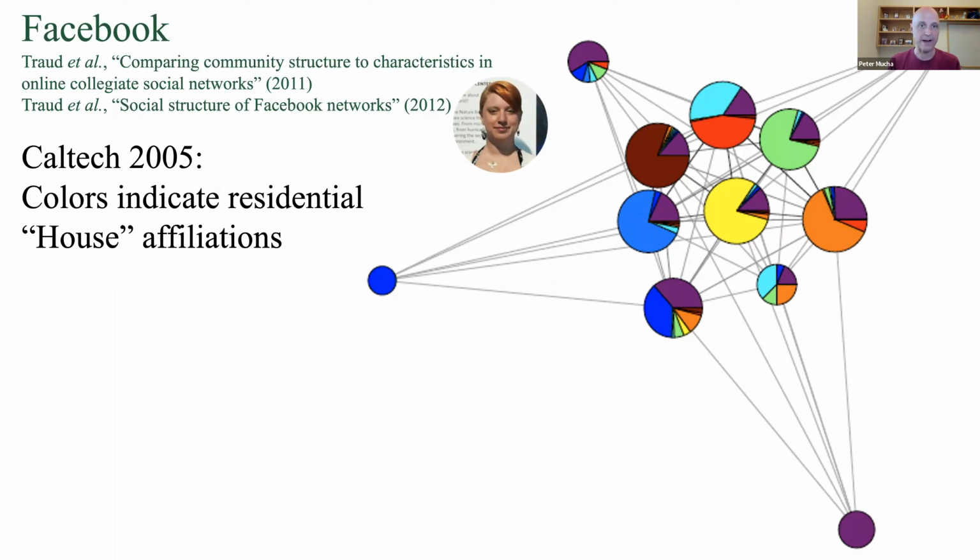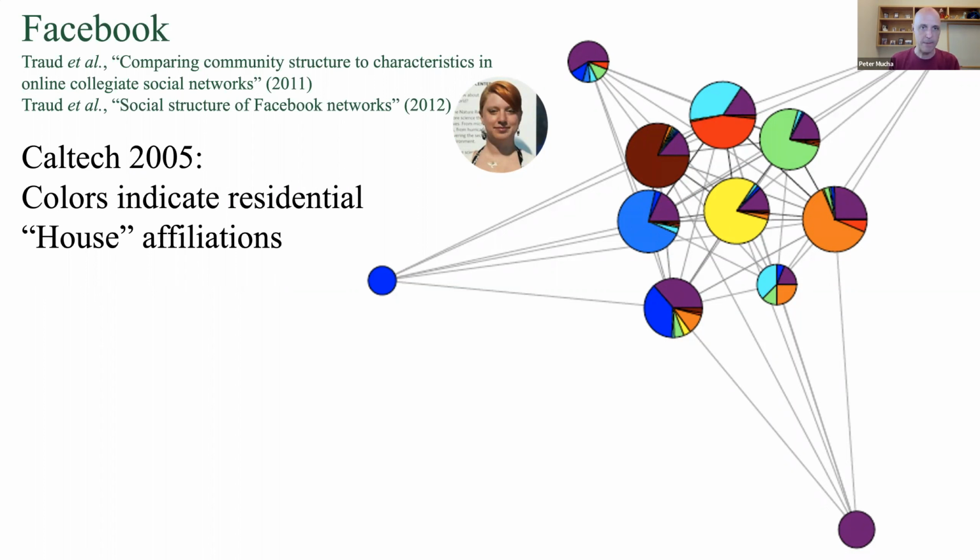Every one of the pie charts here represents one of the algorithmically identified communities. Importantly, we found these communities only from the network structure, not using any of the node attributes. But then the colors are the house attribute. And so you can see that there's a really strong alignment between the house affiliations and these algorithmically identified communities.